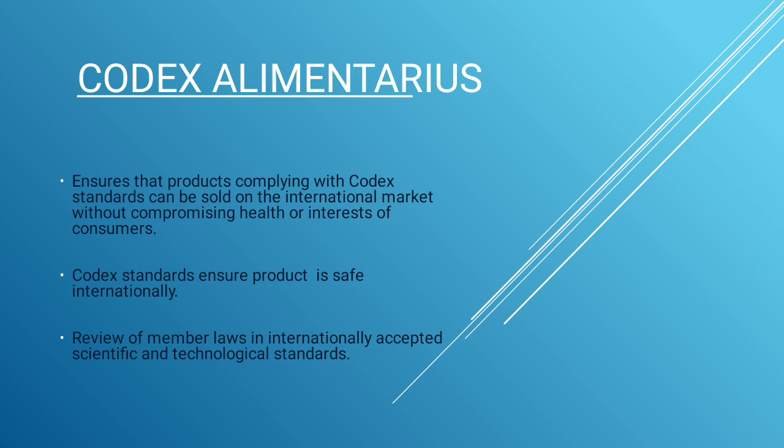Review of member laws is based on internationally accepted scientific and technological standards. Many international organizations help Codex develop its standards, like the International Organization of Consumers Union, International Organization for Standardization, Association of Official Analytical Chemists, etc.